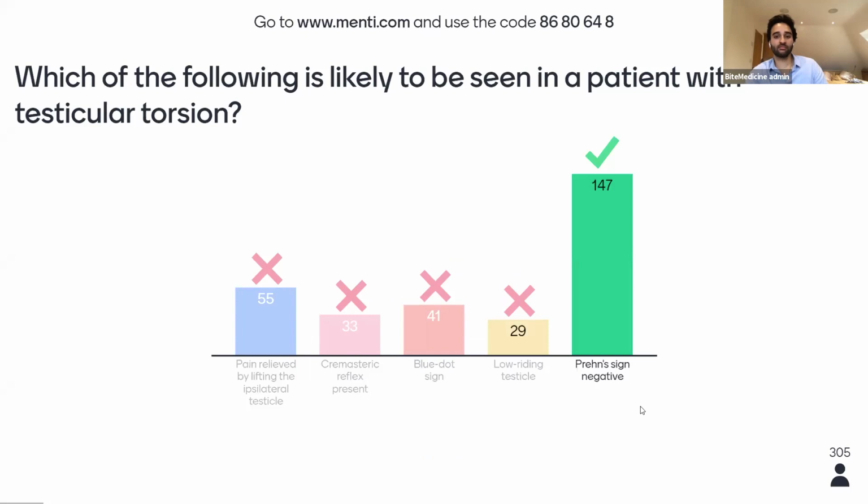Okay, so far so good. Guys are doing well.